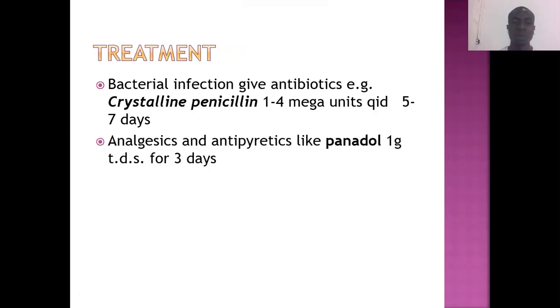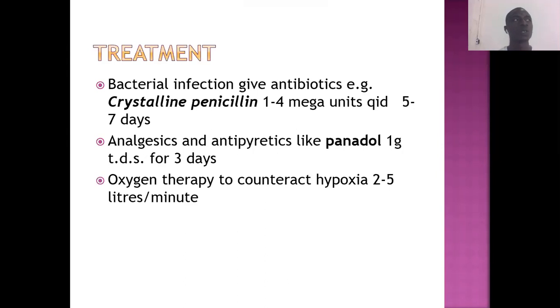So if it's caused by bacteria, you give penicillin 1 to 4 mega units QID for 5 days. Then you can also give analgesics and palliatives for 3 days. You can also give oxygen therapy to counteract hypoxia.